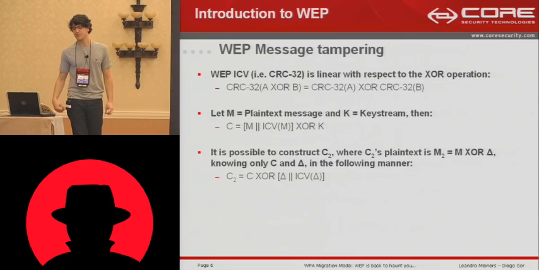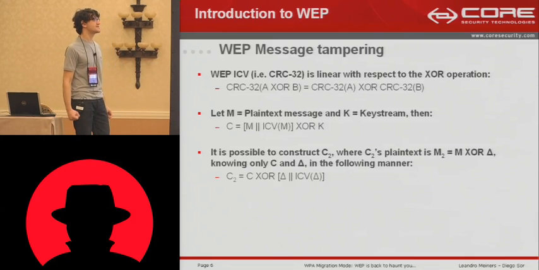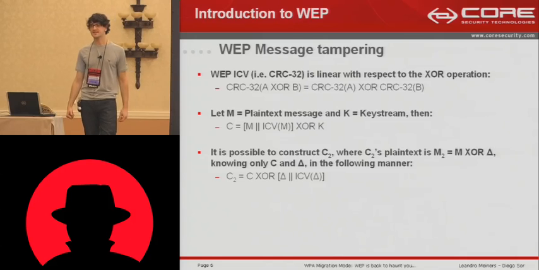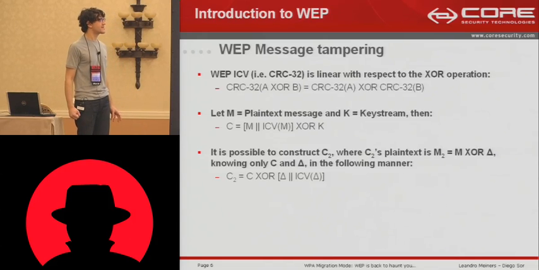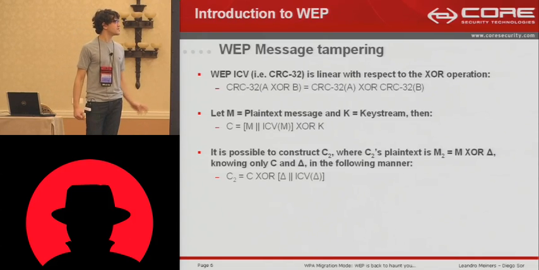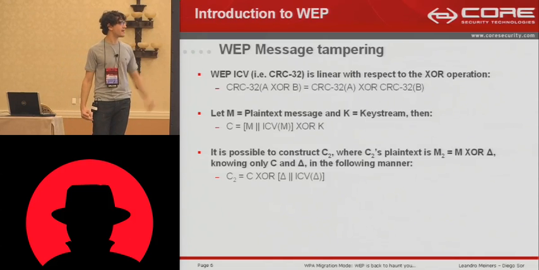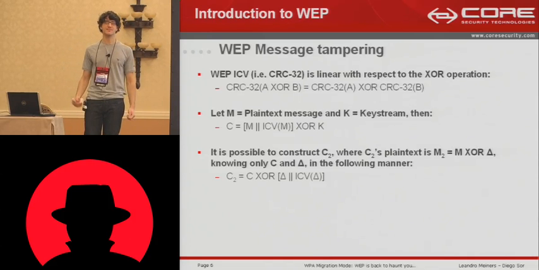So we claim that it is possible to build a new message, a new ciphertext, C2, based on the first ciphertext and a delta value that is arbitrarily selected by the attacker, and we can control it. So basically, knowing the ciphertext and setting a delta value, we can build a new ciphertext which is valid for WEP encapsulation.